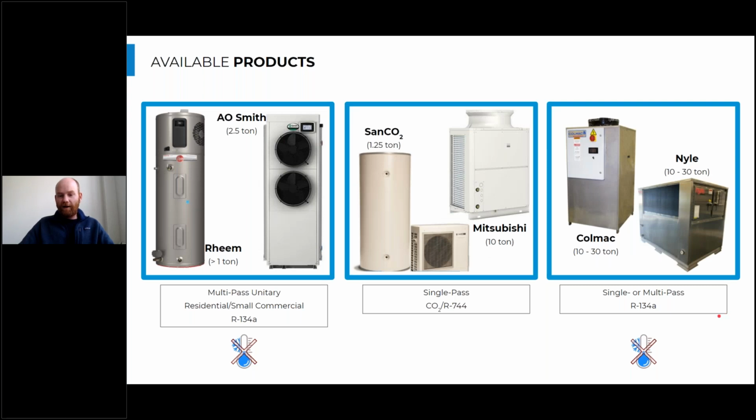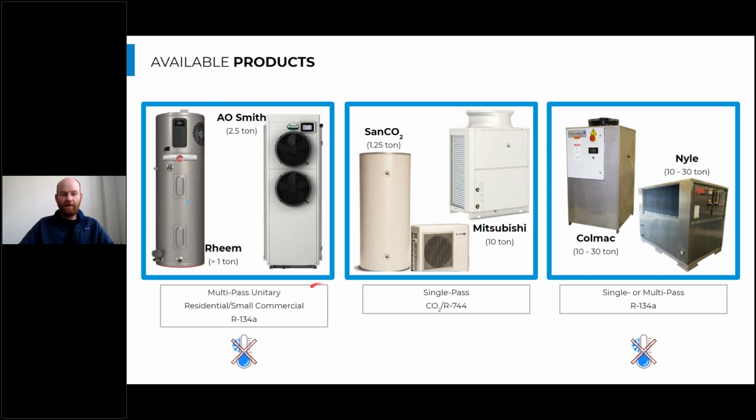The available products to us when we were designing this heat pump water heating system were essentially all across the board here, with the exception of this Mitsubishi. This was not on the market yet when we were designing this system.